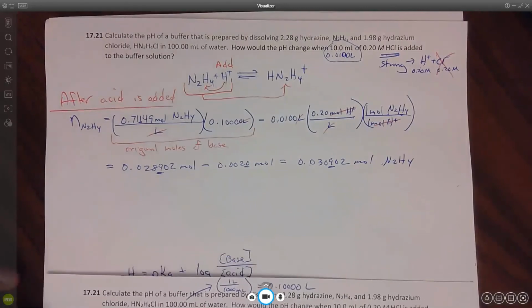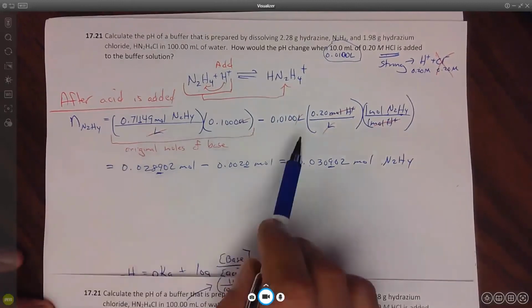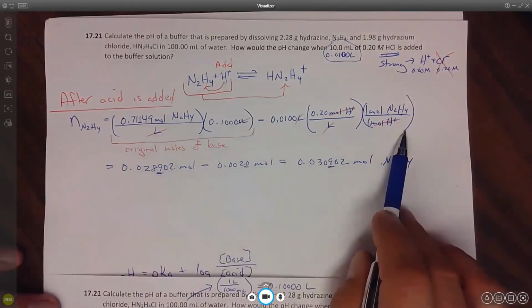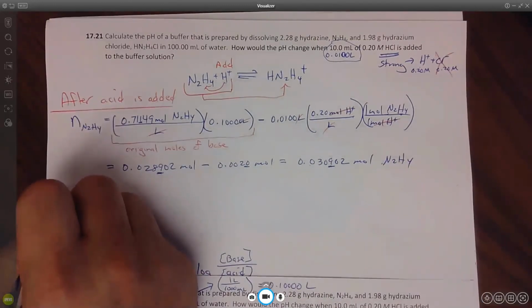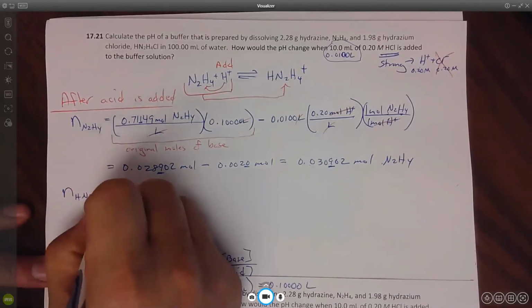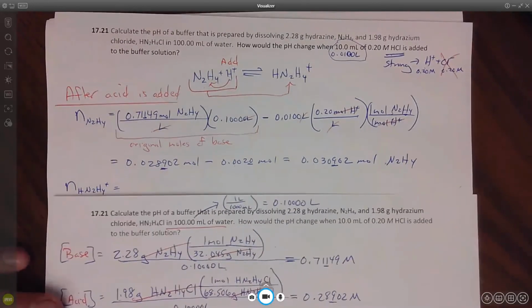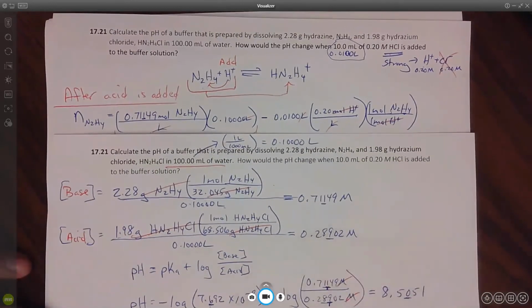Okay, now we've got to do the same thing with the acid of the buffer, right? Well, we lost this many of the base, but we gained that many of the acid. So the moles of acid then, again, is going to be the original moles of acid that we calculated in the first place. So again, we're going to get that from the molarity.